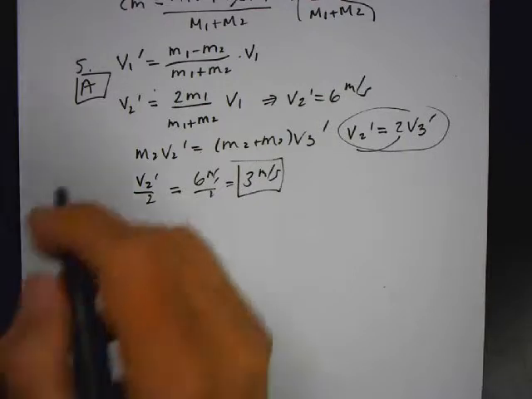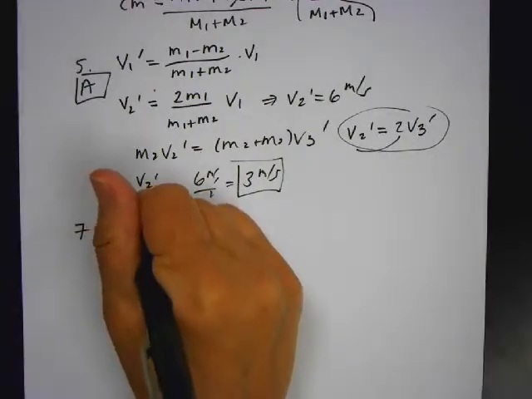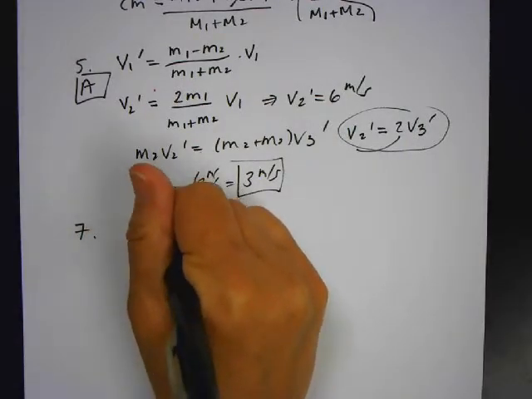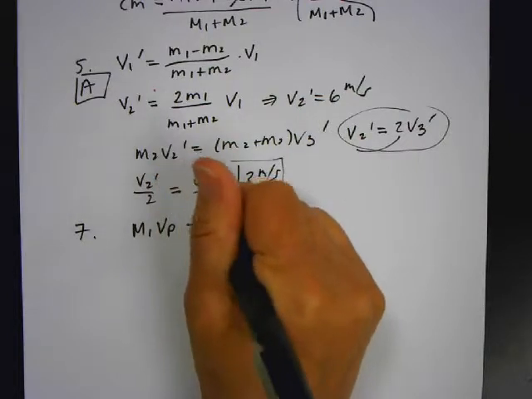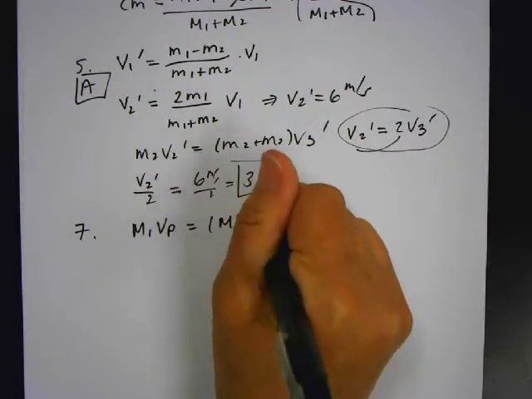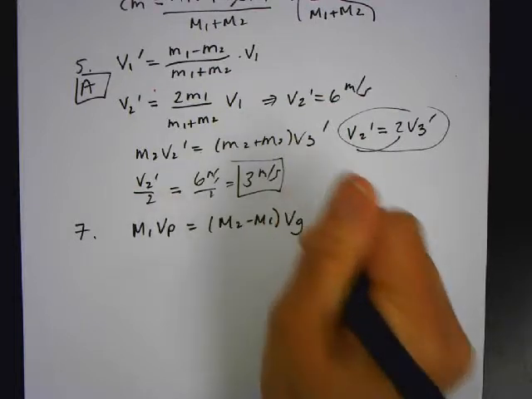If you say the total momentum before, you have m1 times the velocity of the projectile is equal to m2 minus m1 times the velocity of the gun.